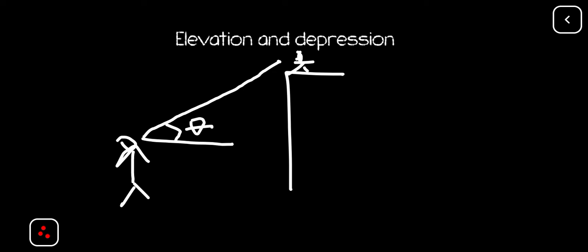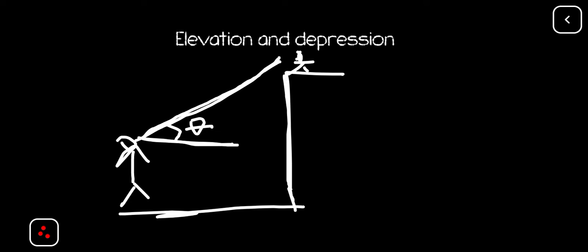So the angle at which the man on the ground looks at another man on top, let's say a hill or a mountain or whatever, is called the angle of elevation, and it's represented by theta here.